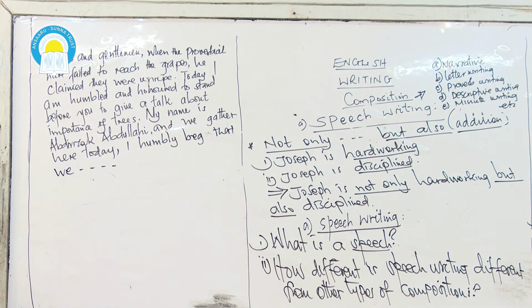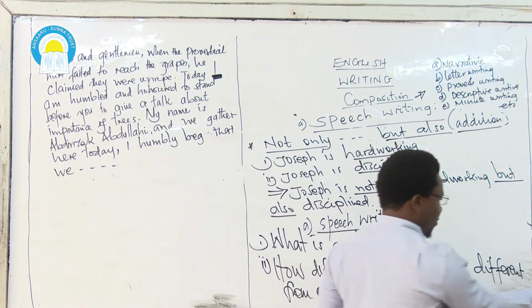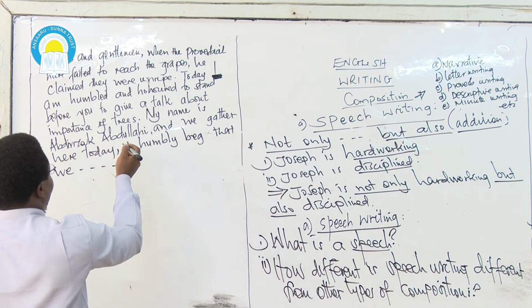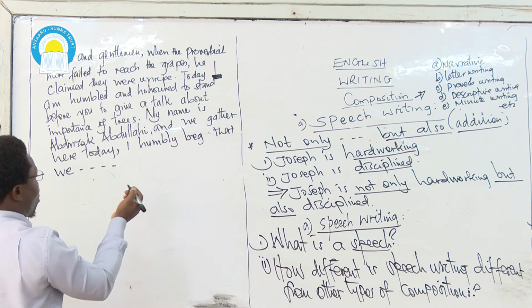So look at that simple paragraph. Ladies and gentlemen, when the proverbial hare failed to reach the grapes, he claimed they were unripe. Today, I, first person, am humbled and honored to stand before you to give a talk about the importance of trees.